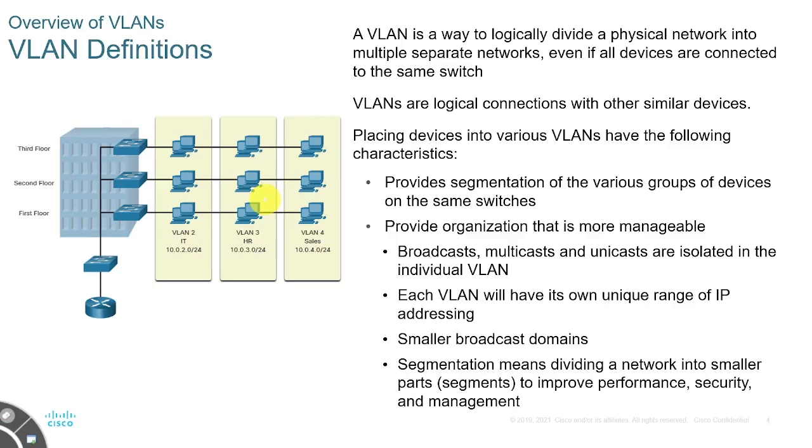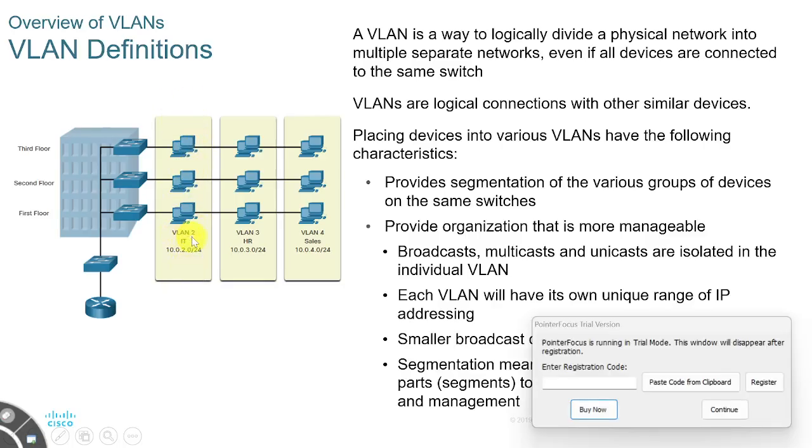And also this is an important note that the communications, I mean the broadcast, the unicast, and the multicast within an individual VLAN like VLAN 2 are isolated.